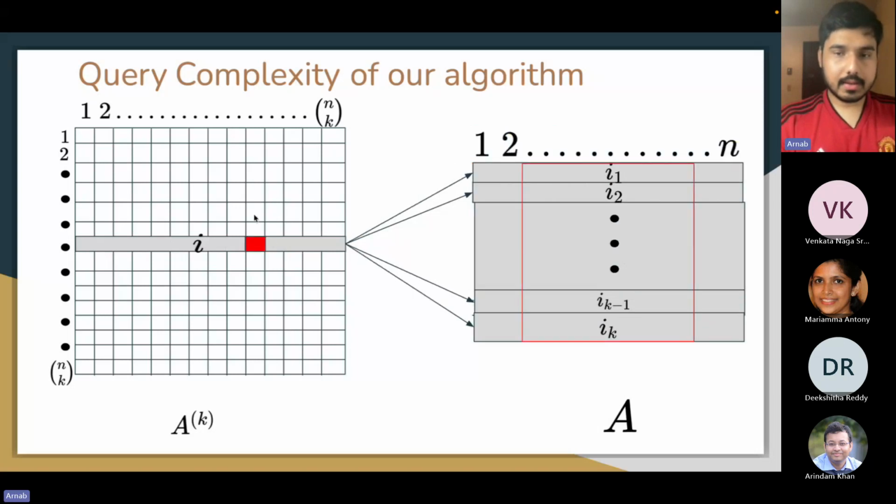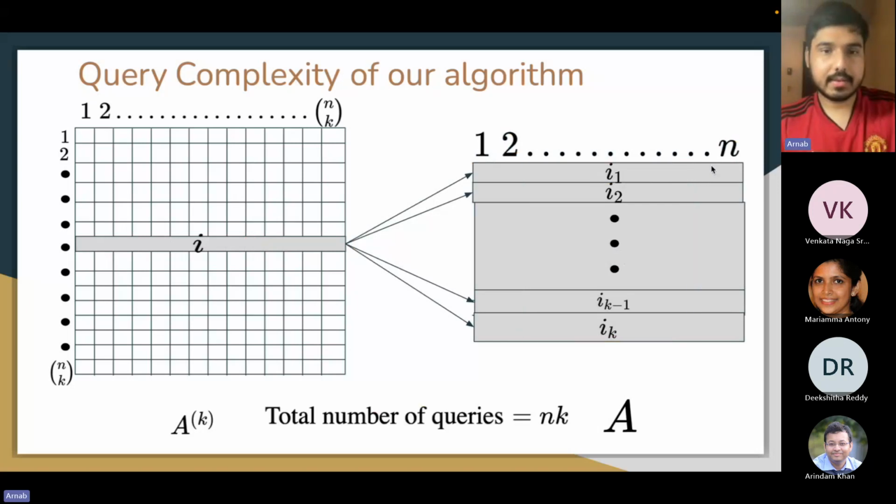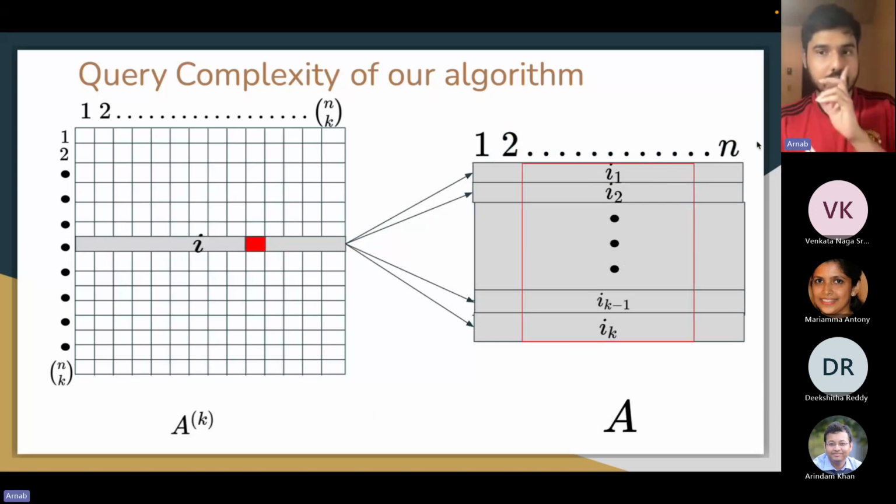So essentially you'll be querying n times k entries, since there are k rows and n columns. Then any entry here corresponds to a k cross k submatrix, and you can compute the entry. So actually there is not an exponential blow up. We are still within n times poly k only.